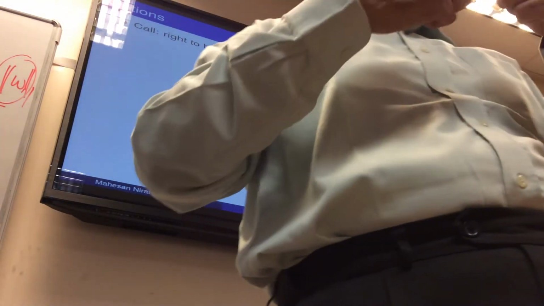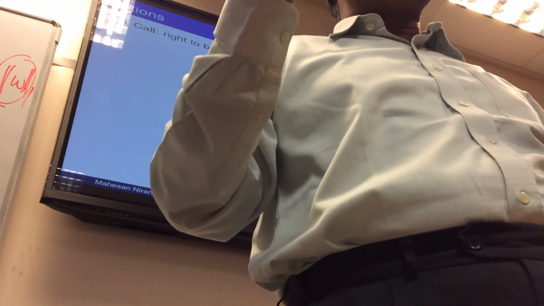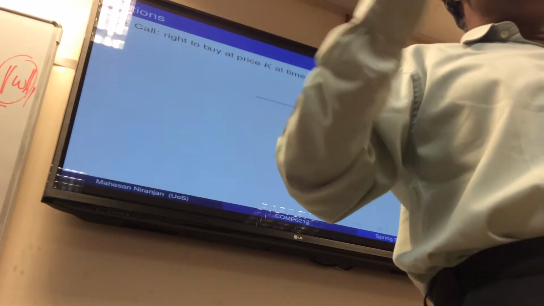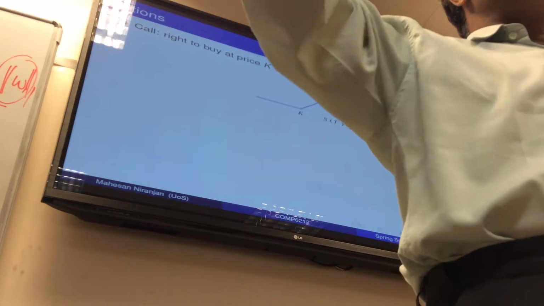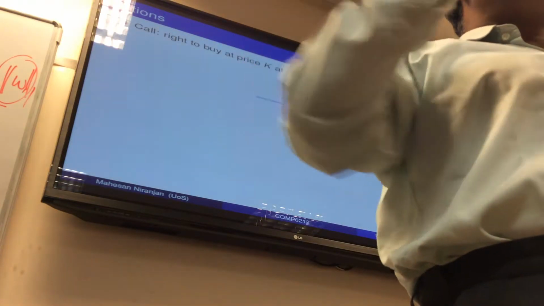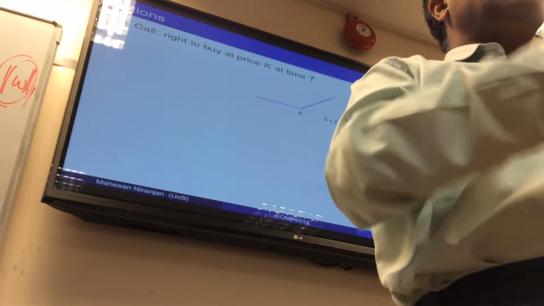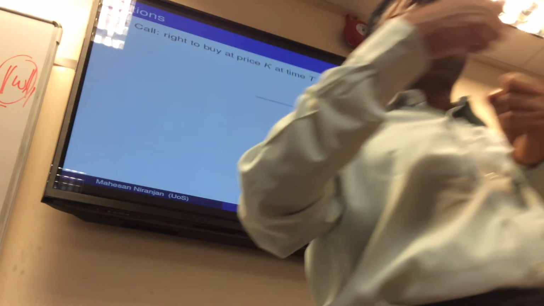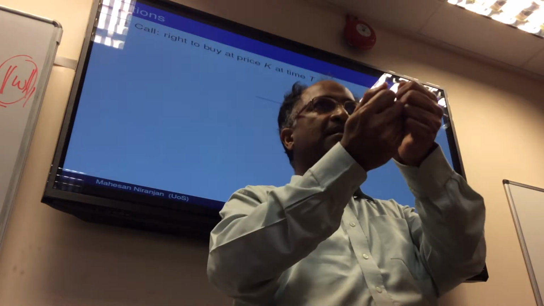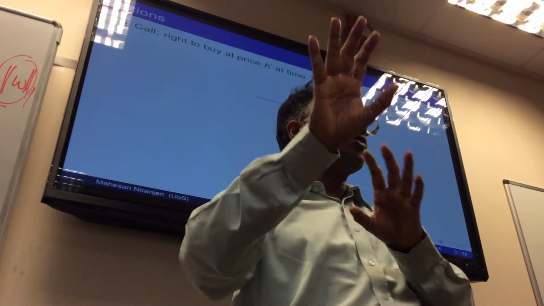Say I have a bank and I'm a very rich guy, and I issue a contract to you saying that at some point in future time, you can buy a particular share at a particular price. Your exercising of that contract means I'm obliged to sell at the price I have signed in this contract.